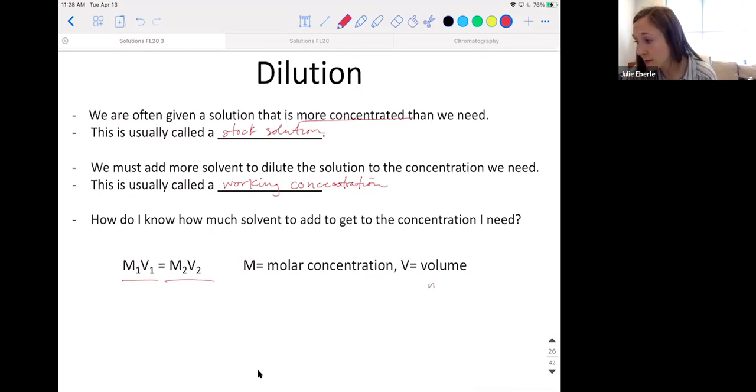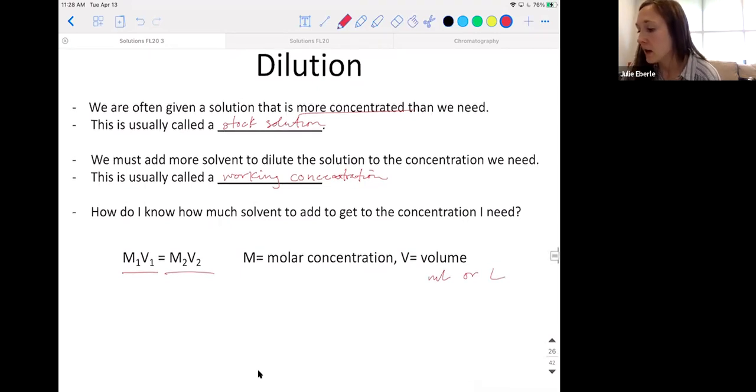You can work the volumes in milliliters or in liters, it does not matter, but you cannot mix milliliters and liters. You can't have your V1 in milliliters and your V2 in liters. They have to both be the same units. Does that make sense?